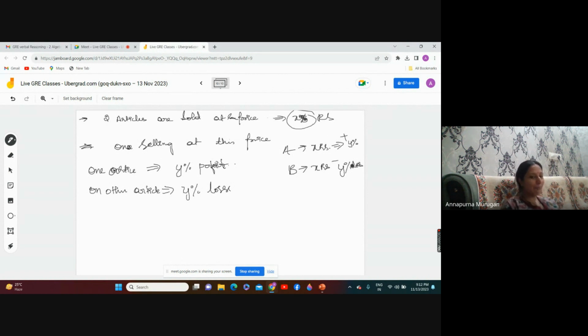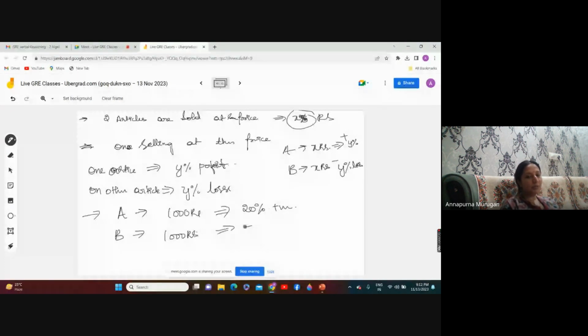Guys, tell me what will happen here. What can happen in this situation? I'll give it in terms of numbers. A is sold at 1,000 rupees. B is sold at 1,000 rupees. Both selling prices are the same. A is gaining 20% profit.